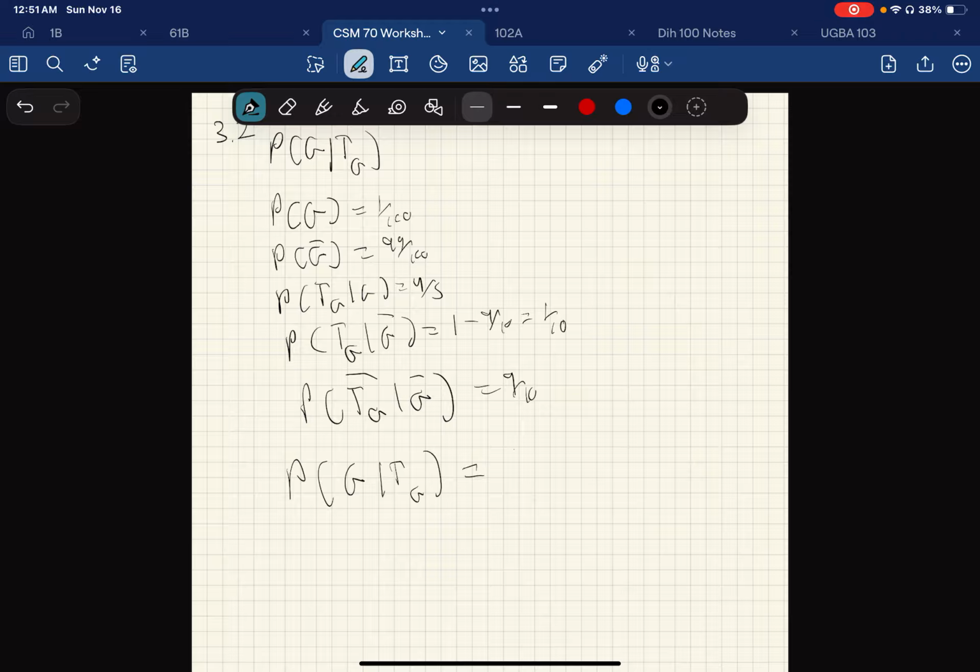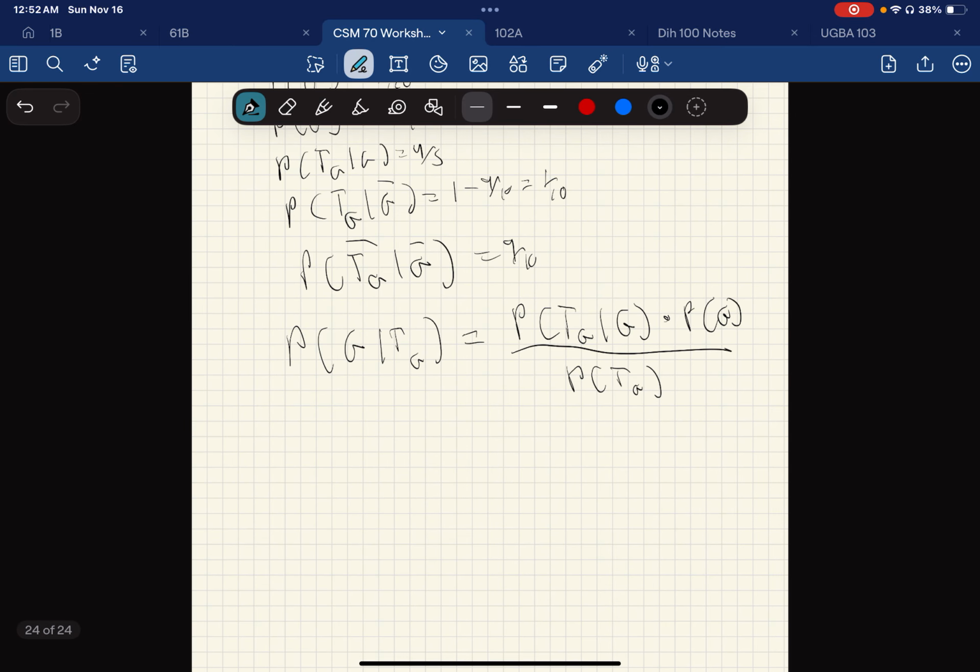We can start out with Bayes' rule here. The probability that the test reads guilty given that they're guilty times the probability of being guilty, over the probability of the test reading guilty. And we can expand the bottom using the law of total probability. So let's do that.